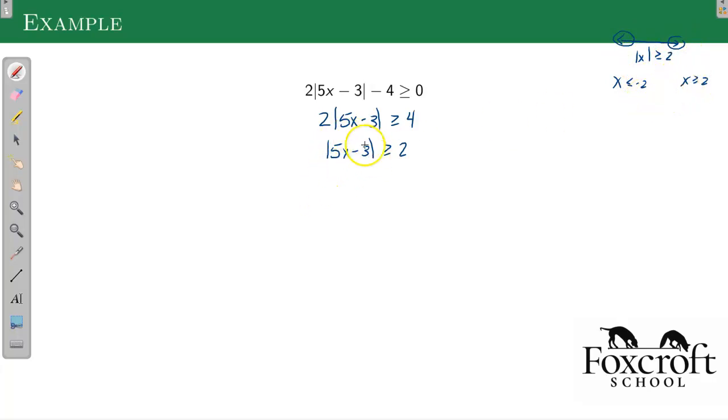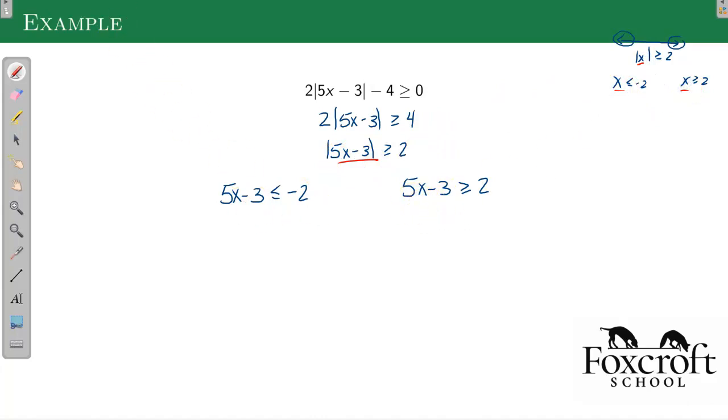It doesn't matter if there's a bunch of stuff inside this absolute value. Whatever is in here needs to share the same properties as this. So it needs to be less than -2 or it needs to be bigger than +2. It's the exact same thing if it's just an x, but since this is not just an x, I just replace those with all of this as well.